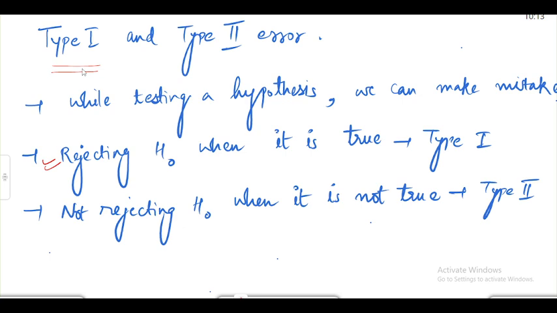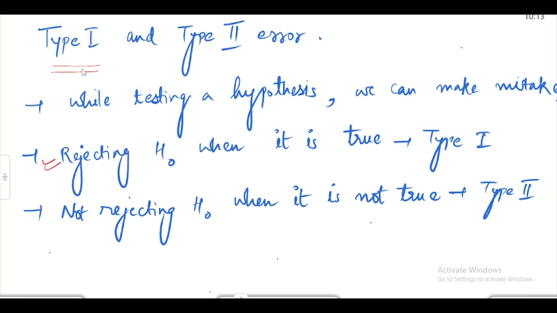So what is happening is you have created a null hypothesis, and based on that you test that hypothesis, and whatever test evidence that you get is against that hypothesis. So you reject the null hypothesis, but in reality, in the practical world, that hypothesis might actually be true.